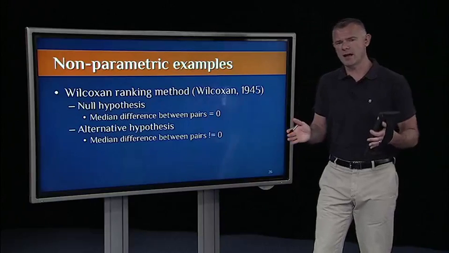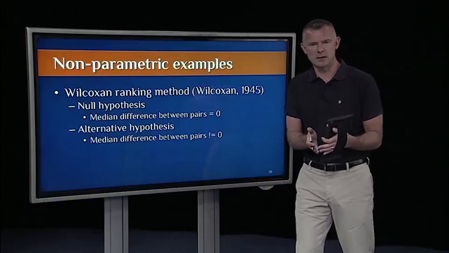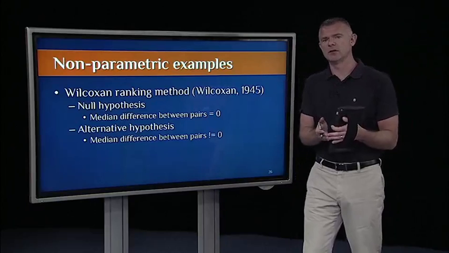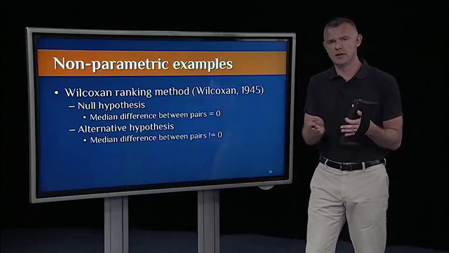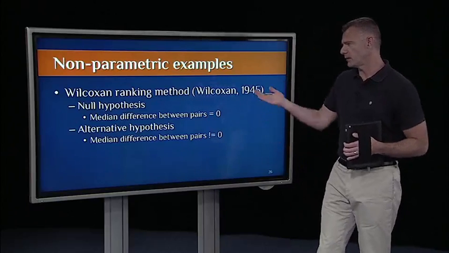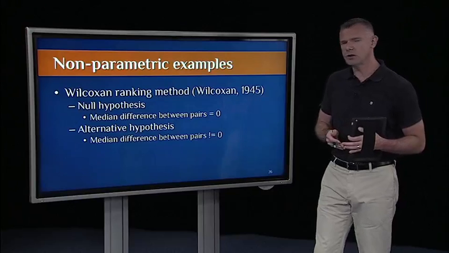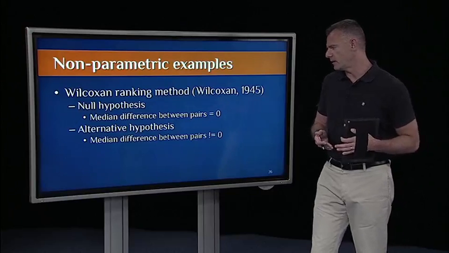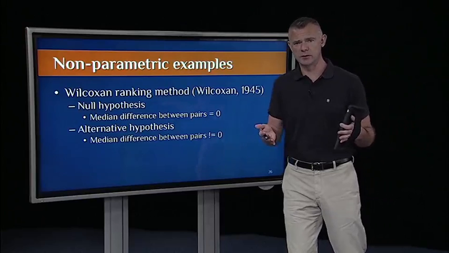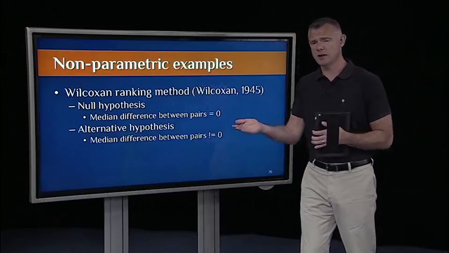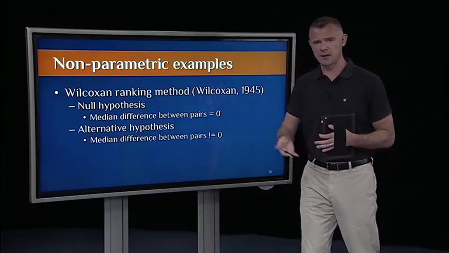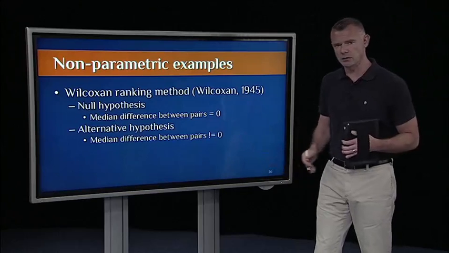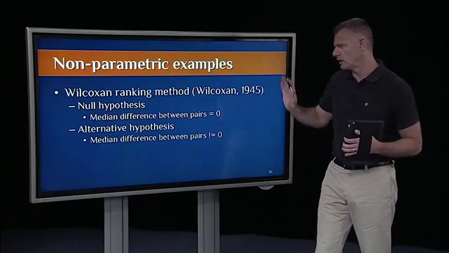Remember, when you have that kind of distribution, the median is often a better measure of central tendency than the mean. So that's why that's the null hypothesis. And then the alternative, of course, is that the median difference between the pairs is not equal to 0. If we wanted to do a directional test, we could say greater than or less than 0, but let's make it non-directional, or two-tailed, and just say not equal to.